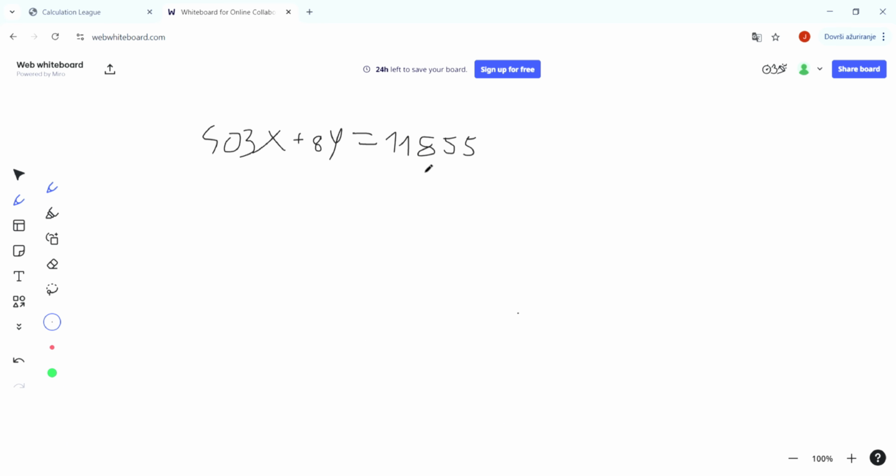So we can divide this by this, and we see we get 29. If we take 28, for example, we will definitely have a lot smaller number, 11284. So when we see what y should be, it should be like a number greater than 500.